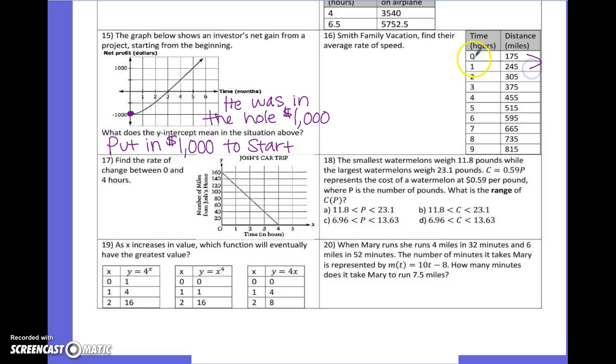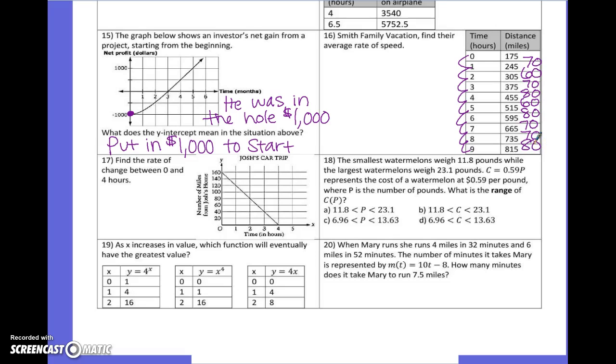If I go through and find the slope, notice these numbers always go by ones, so I would be dividing by 1 every single time. So really all I need to look at is over here. The changes were 70, 60, 70, 80, 60, 80, 70, 70, and 80.